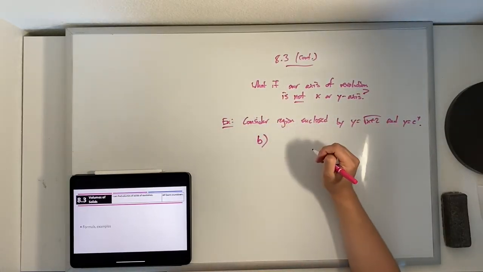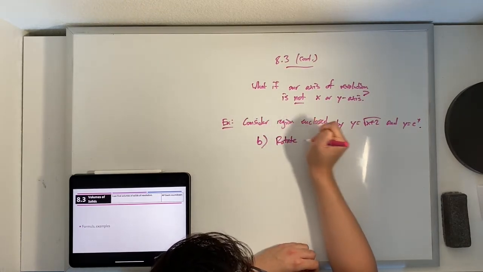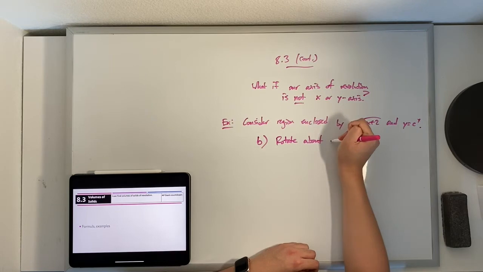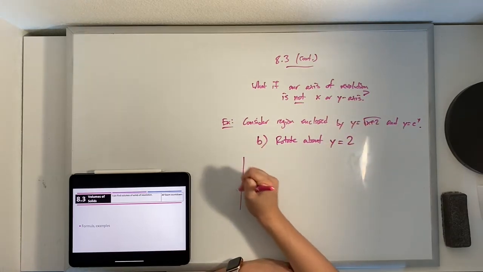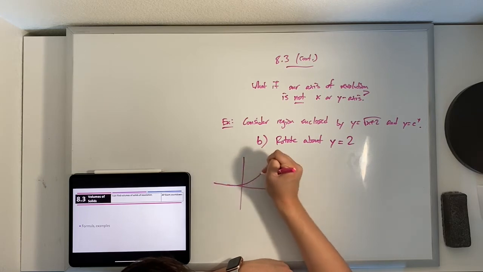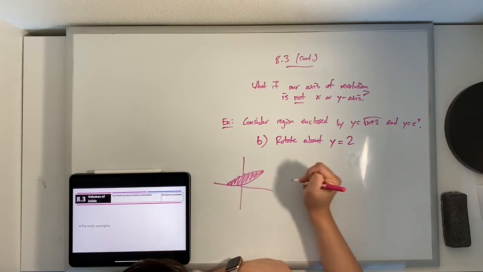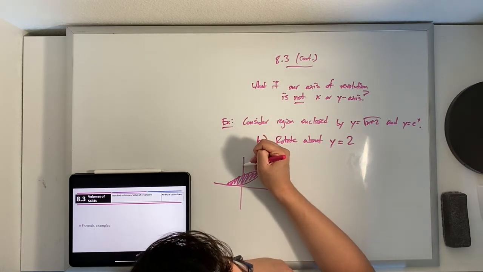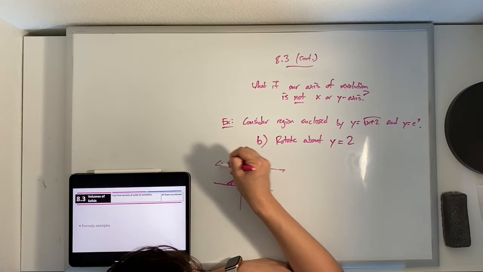Part B is the same shape, but now we're rotating about the line y equals positive 2. So we had our graph, and now we're rotating about the line y equals positive 2.